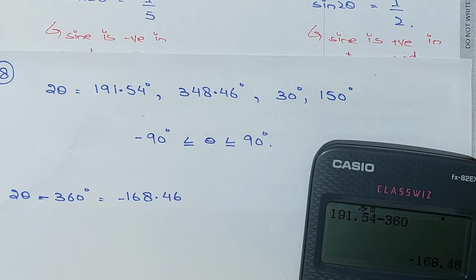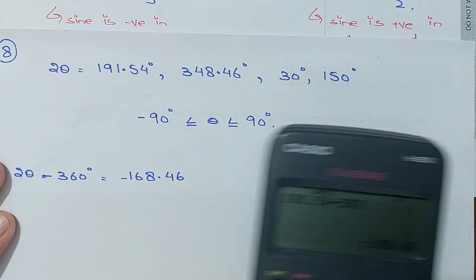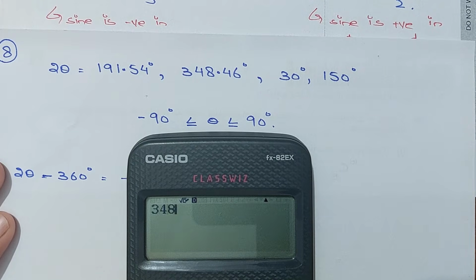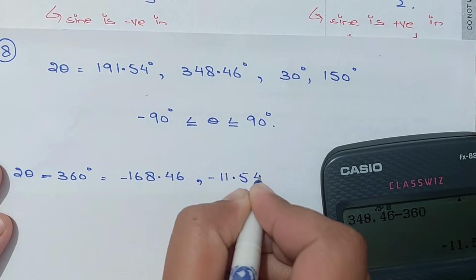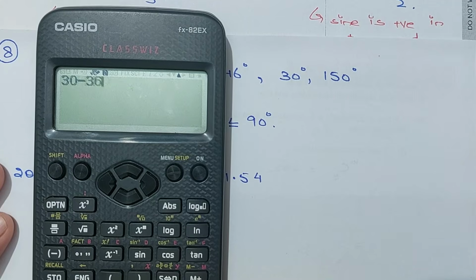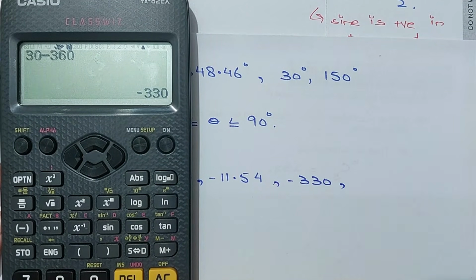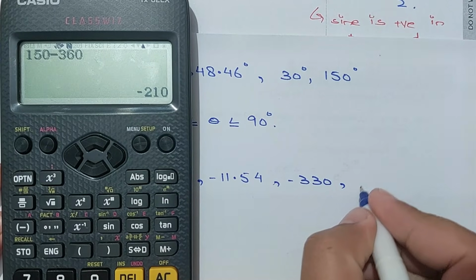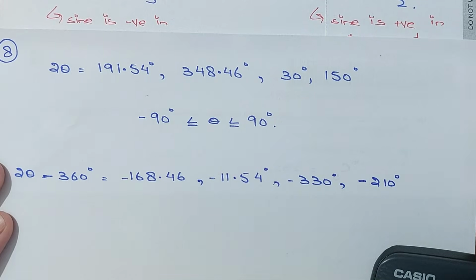If we add 360, you will not get any solution, because all the values are more than the range. 348.46 minus 360 is minus 11.54. We have 30 minus 360, which is minus 330, and 150 minus 360 is minus 210 degrees. Okay, so these are the rest of the values for 2 theta.